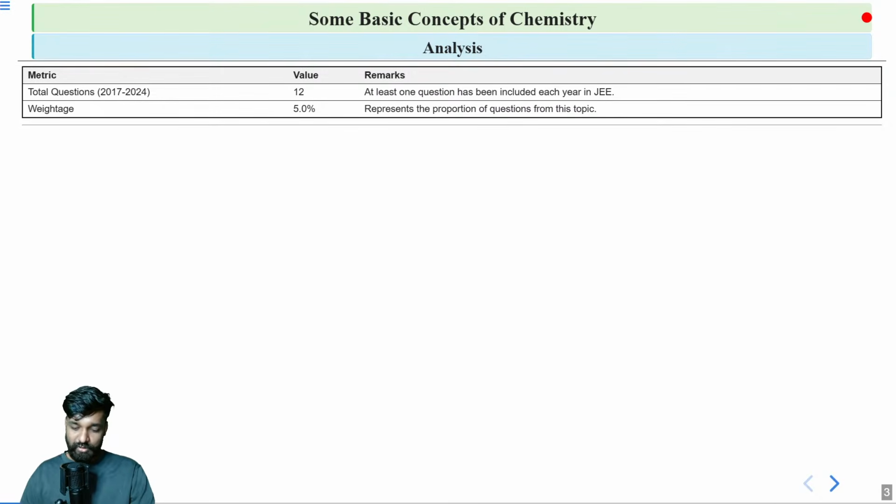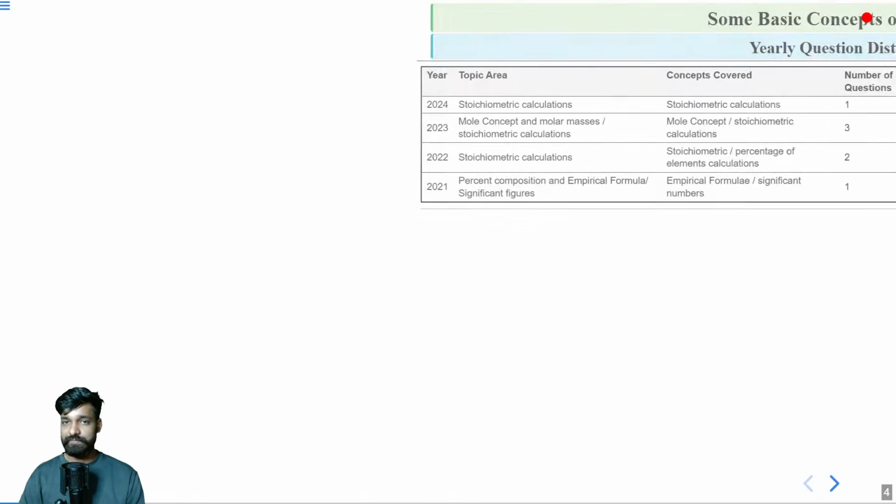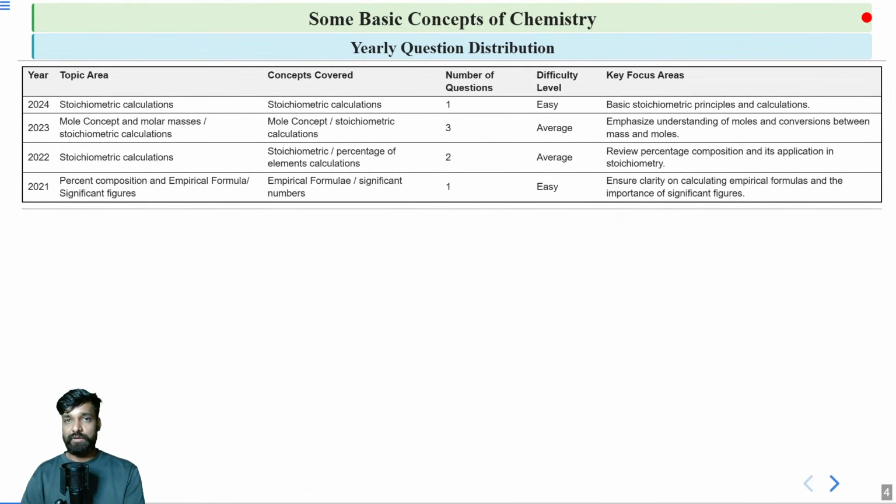So we will talk about now the proportion of topics from this chapter. If I just divide the topics, there are three important topics. Just note it down. The first one is the percentage composition and the empirical formula. So this is the first important part. Remember this. Second, the most important, the mole concept and the molar mass.